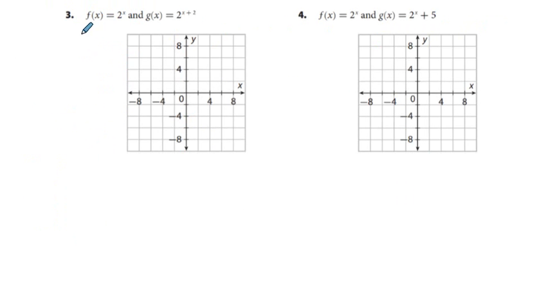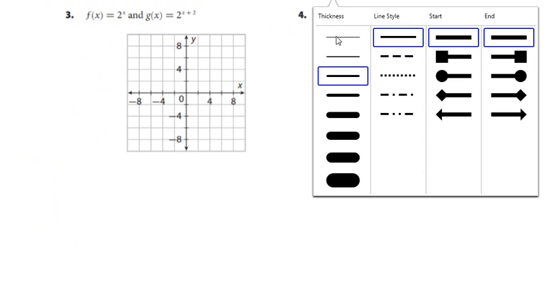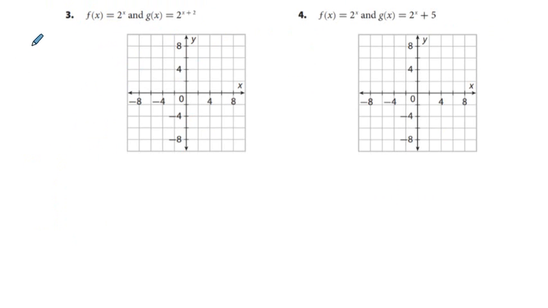Okay, next, problem 3. We have f of x equals 2 to the power of x, just like we had on problem 1. So I'm going to draw again a 3-column table. So we have x, f of x, and g of x.